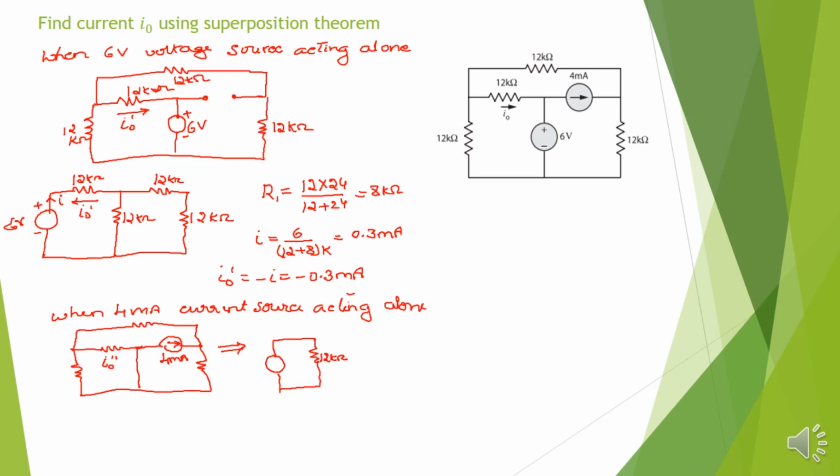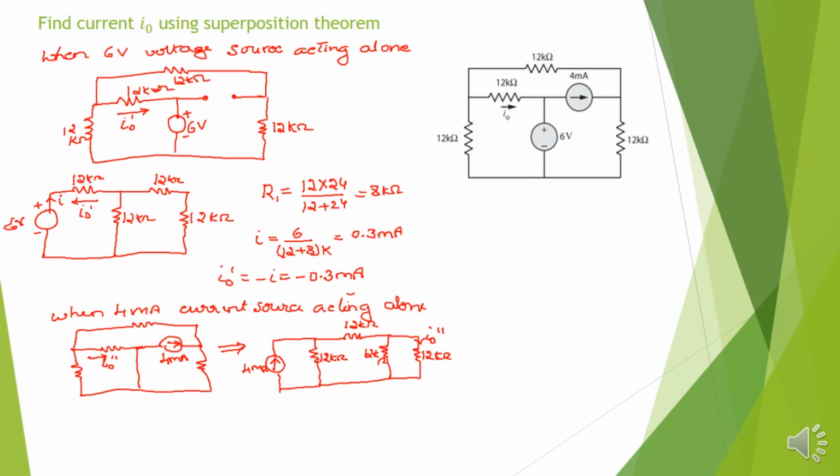So it becomes 12 kilo ohm, 12 kilo ohm, 12 kilo ohm. The direction of I naught is ending of this. This is I naught double dash. So I am just rewriting this network in an easy manner.